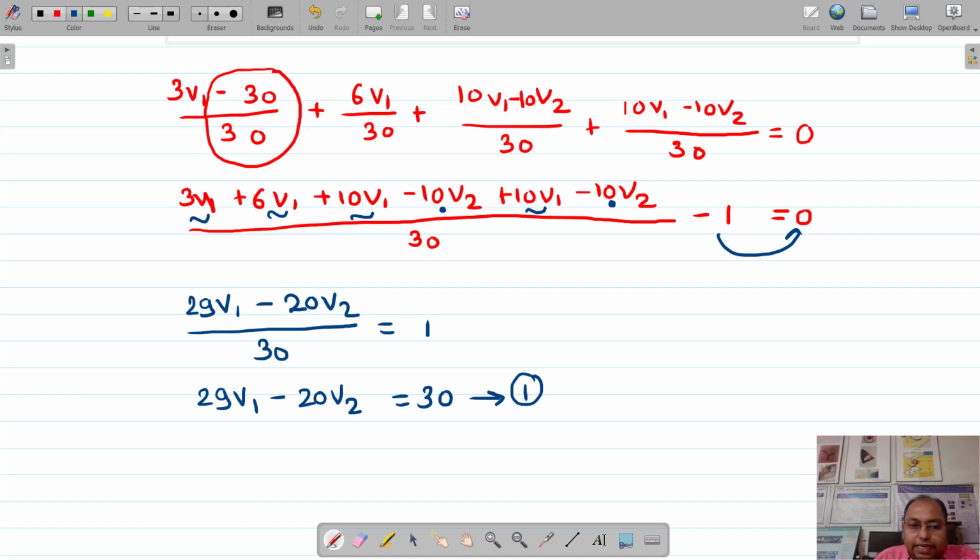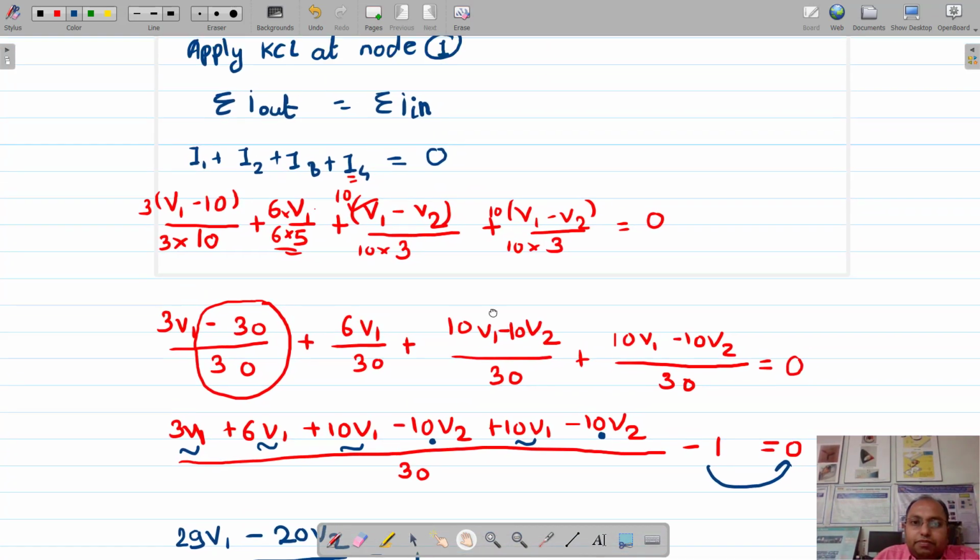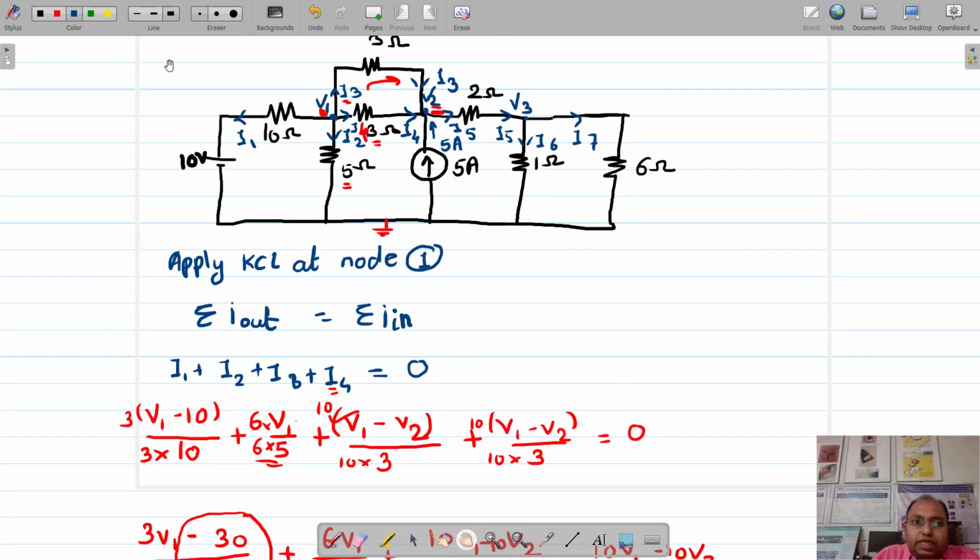Okay, now let us apply KCL at node 2. So let us consider the circuit diagram again. Now focus over here. Which are the incoming currents? Incoming currents are I4, then this 5 ampere current, and this I3.